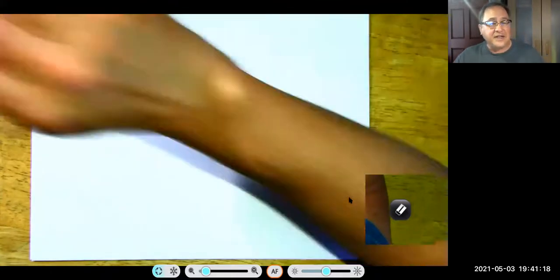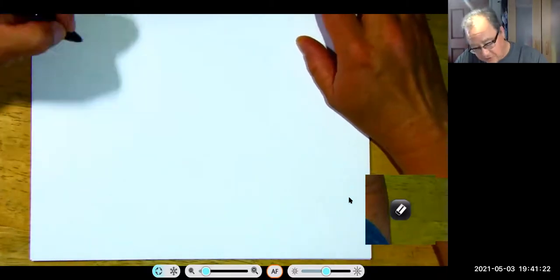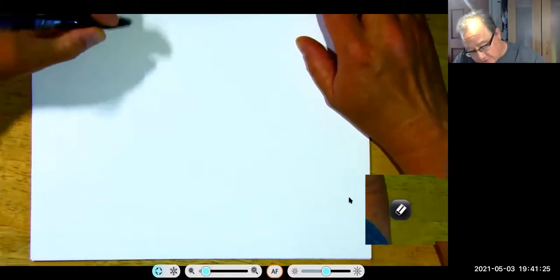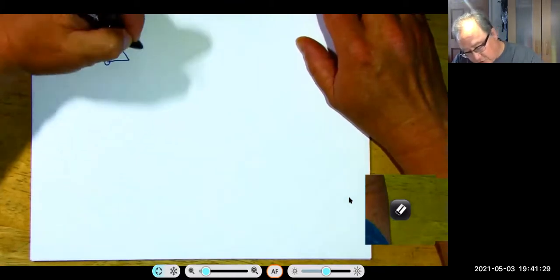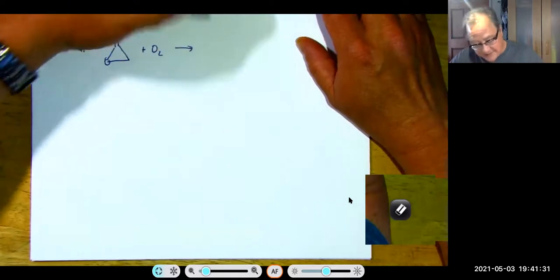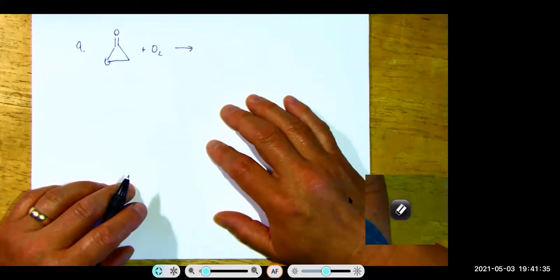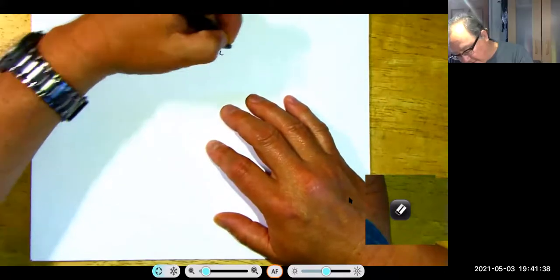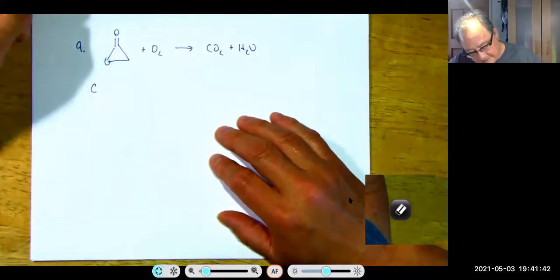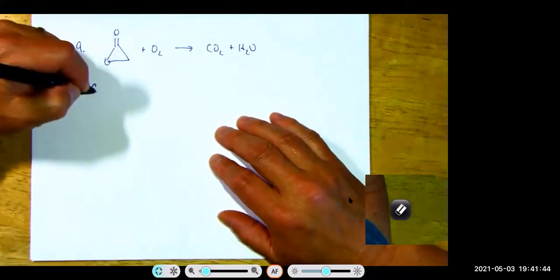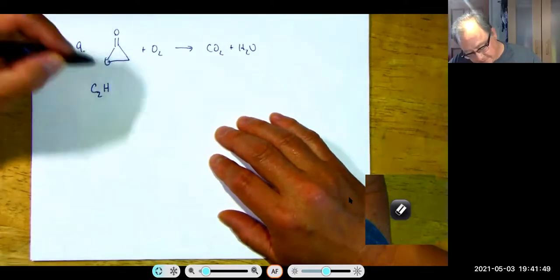Okay. Let's take a look at number 9. For the first lactone, write a balanced reaction with O2. So the first lactone was this guy, plus O2. What is that going to make? For the combustion, CO2 and H2O. Okay. Now this lactone is C what? C2. H. 1, 2, 3, 4.